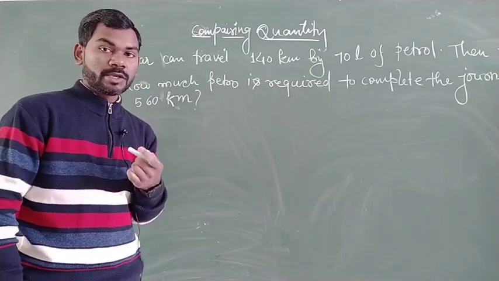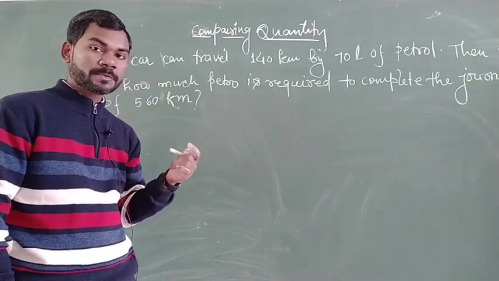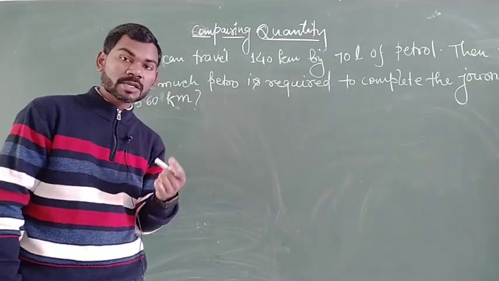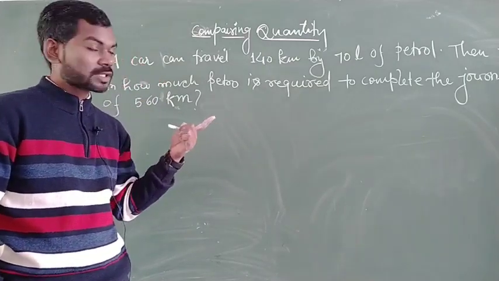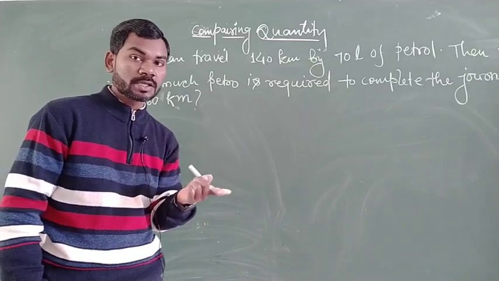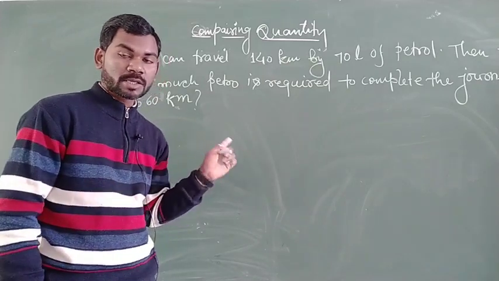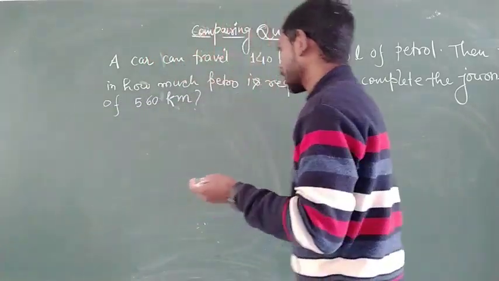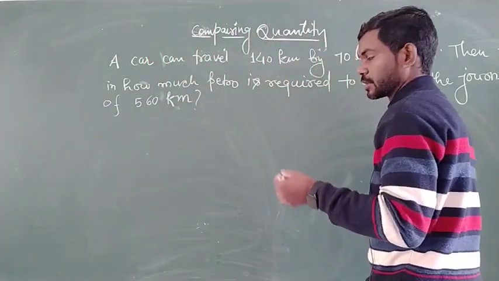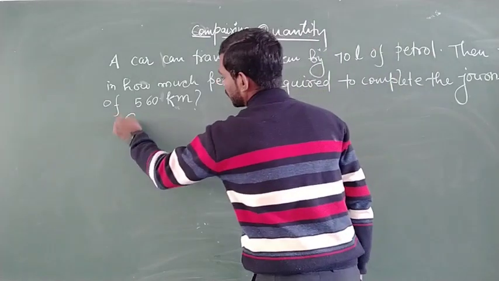So here, in order to find how much petrol is required, we need to find how much distance the car will cover if 1 liter of petrol is given. So we find the value of 1 liter.